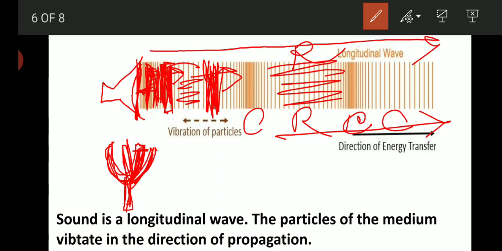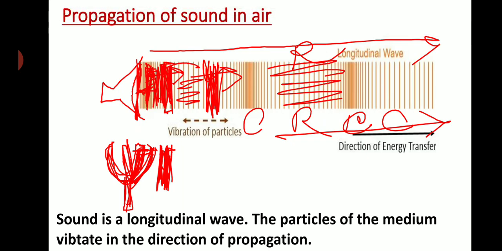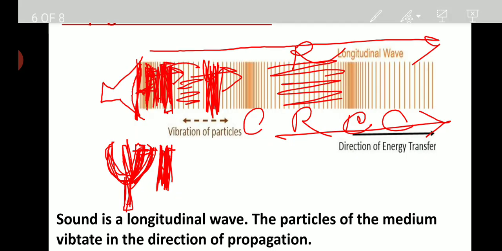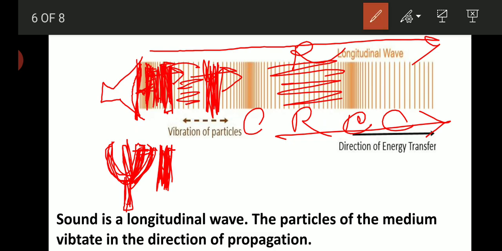When the arm of the tuning fork moves outward, it pushes the particles in the air, so the particles come close to each other. Again when it comes back to its position, the particles come back to their original position, and the vibration passes to the next neighboring particle.